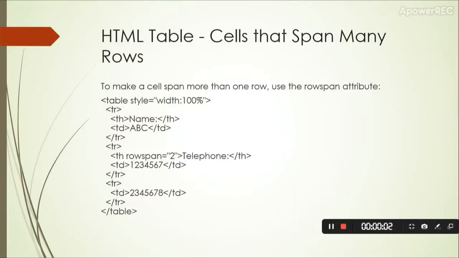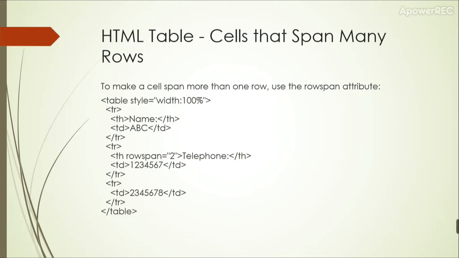HTML table, cells that span many rows. To make a cell span more than one row, use the rowspan attribute. Like we use table style is equal to width 100%. Then we will use table, then table heading, table data, then row close.